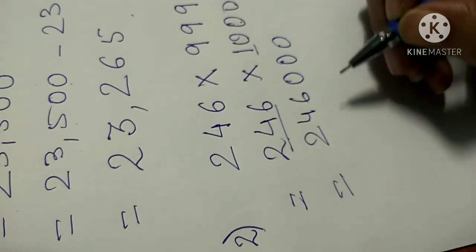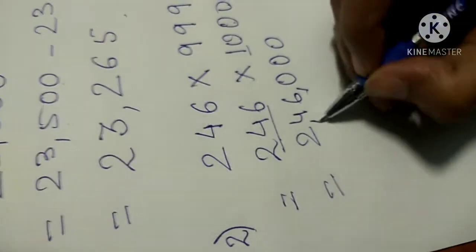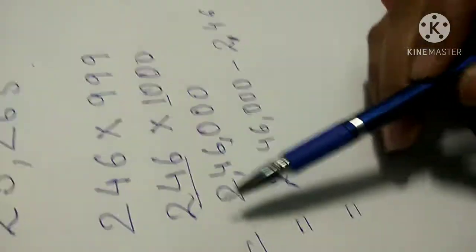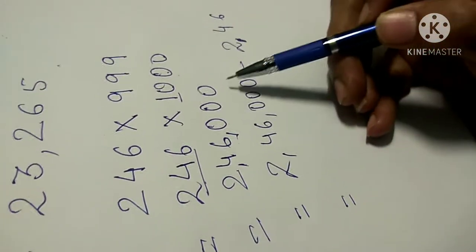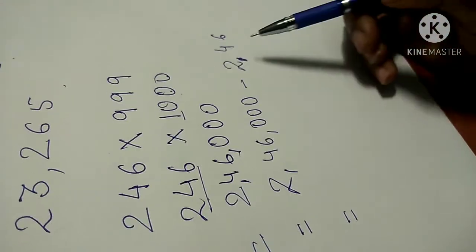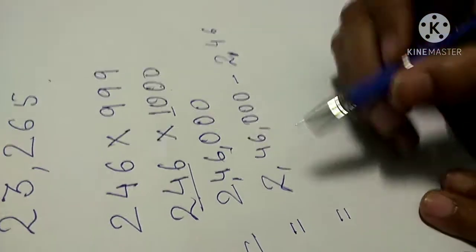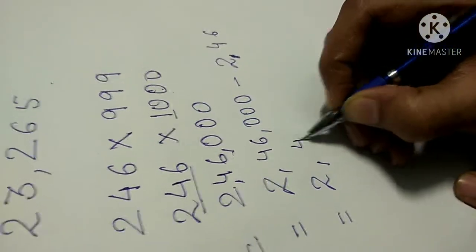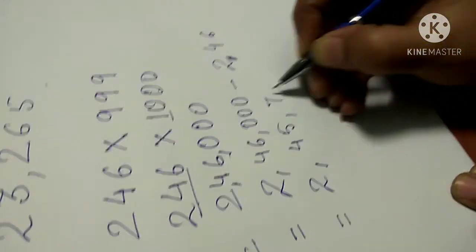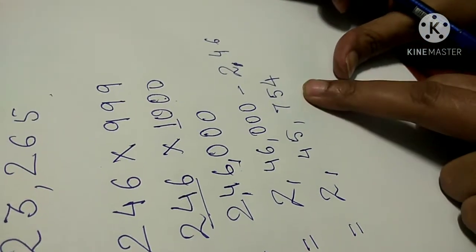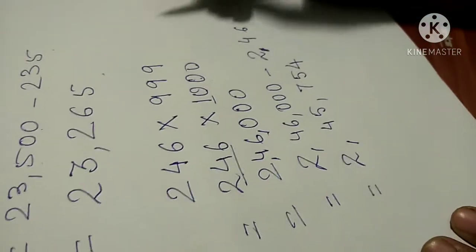So we get 2,46,000. So on multiplying 246 by 1000, we get 2,46,000. Now we subtract 246 from 2,46,000 and we get 2,45,754.